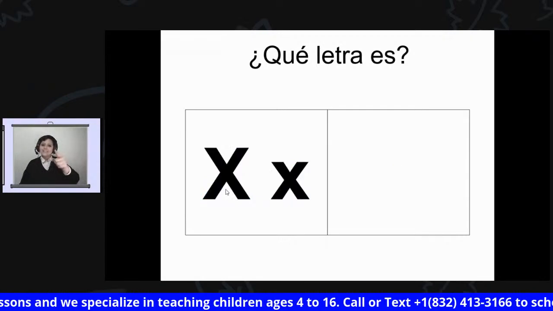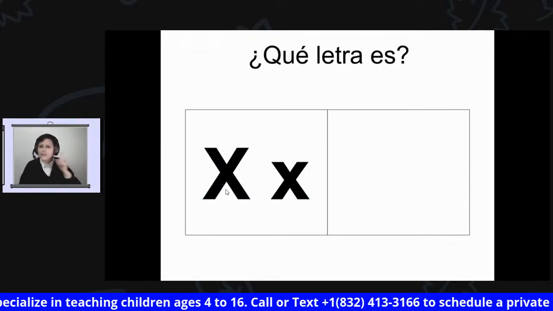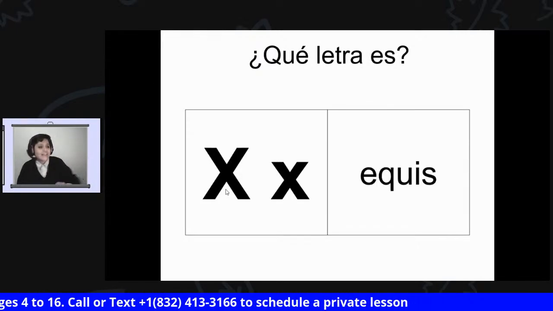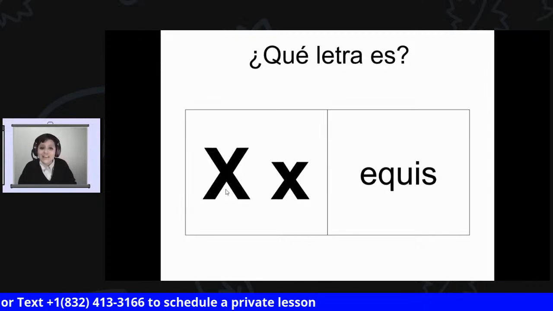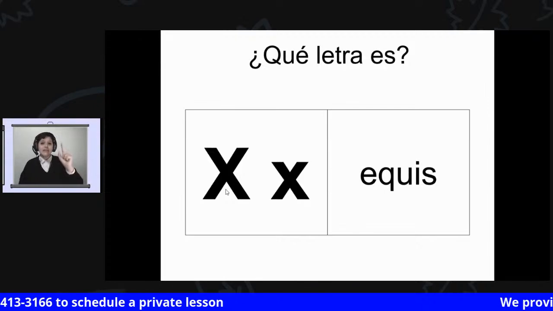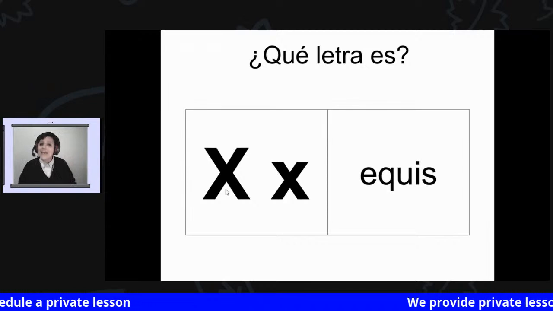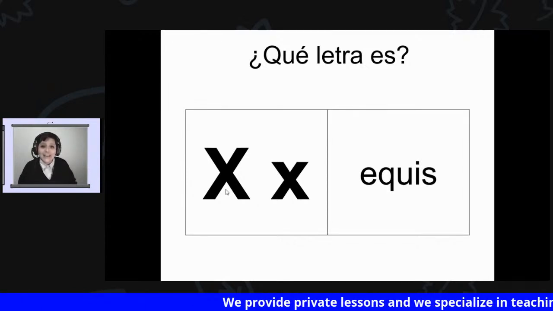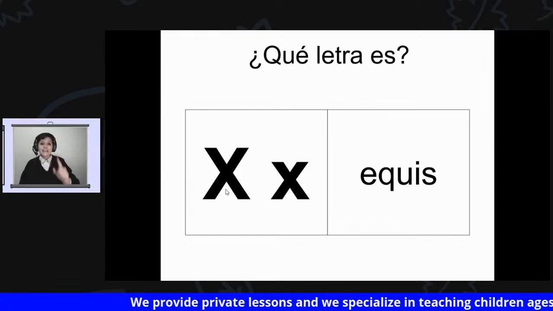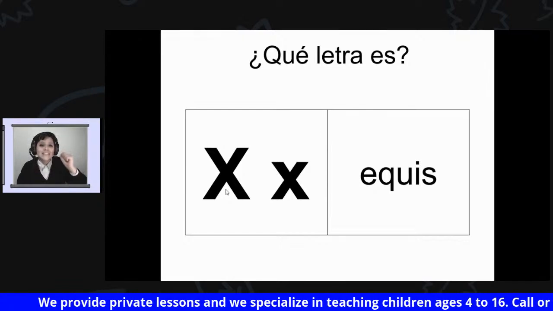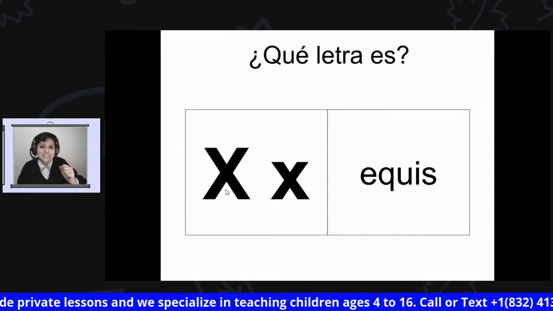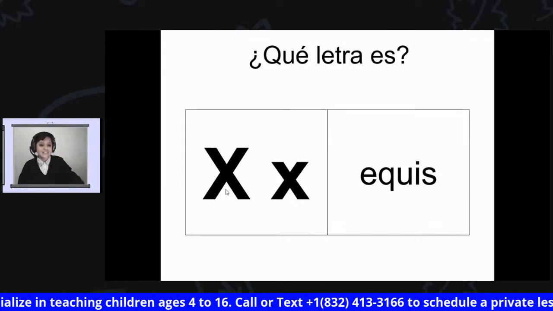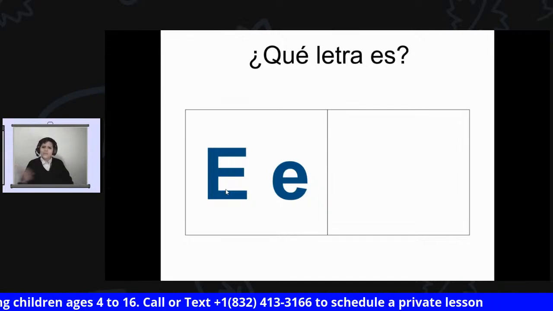¿Qué letra es? Exactly. It's letter X. But its name in Spanish is X. And its sound is X. That is the main sound for letter X. What about this one?